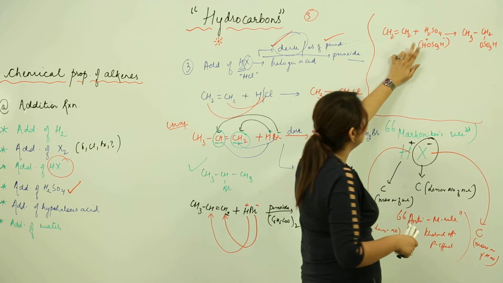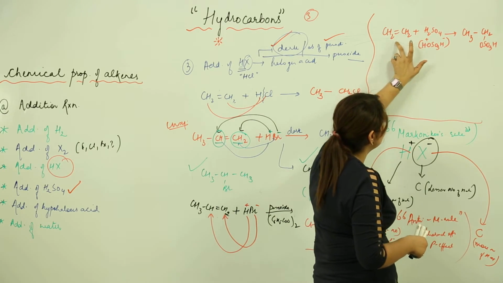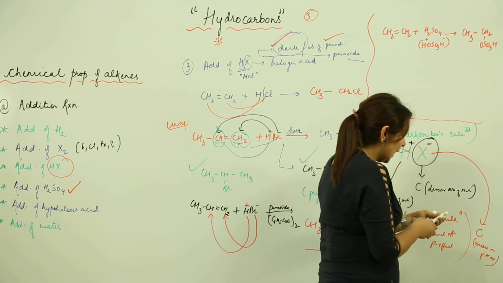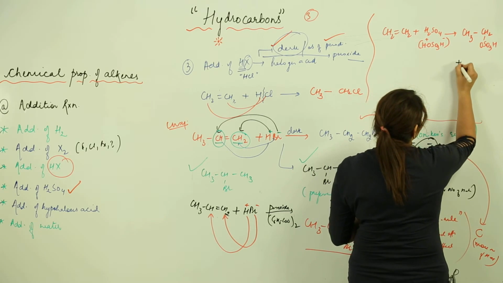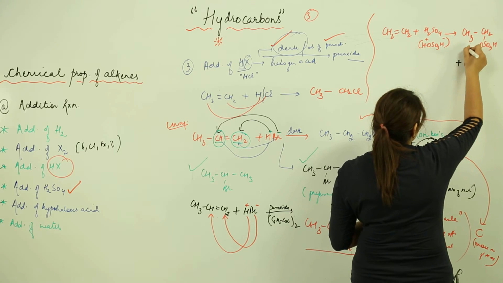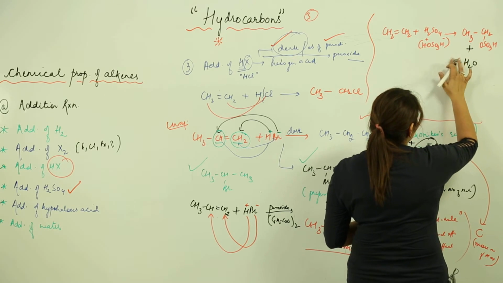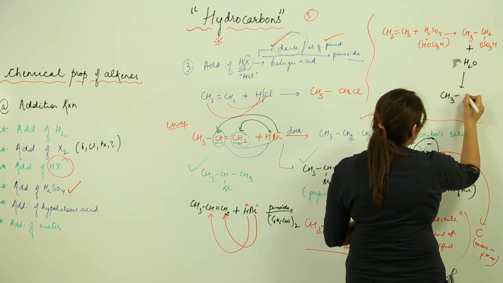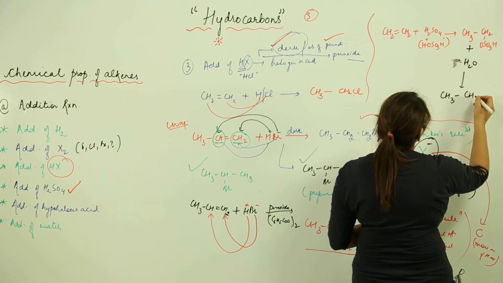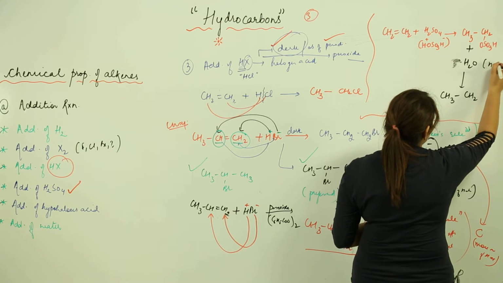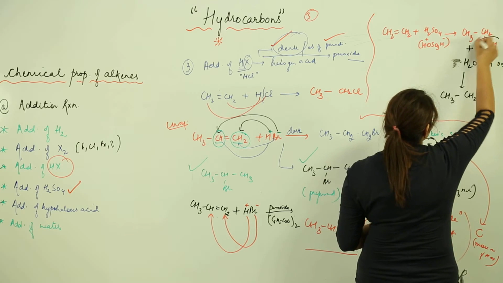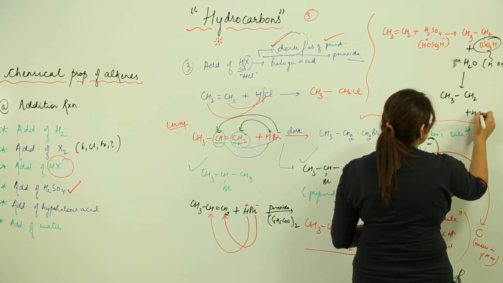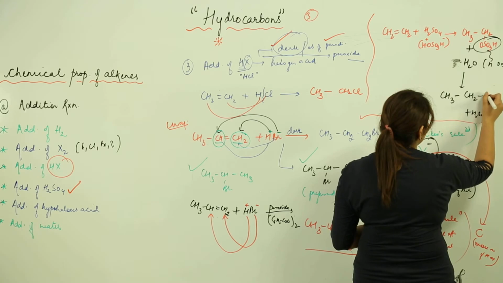See, when we add H2SO4 to alkene, it turns into this product. Now when you add water to this product, what happens? CH3 remains CH3, CH2, like this is H and OH. So H gets attached to this group, so you get H2SO4 back and this OH group attached to this.